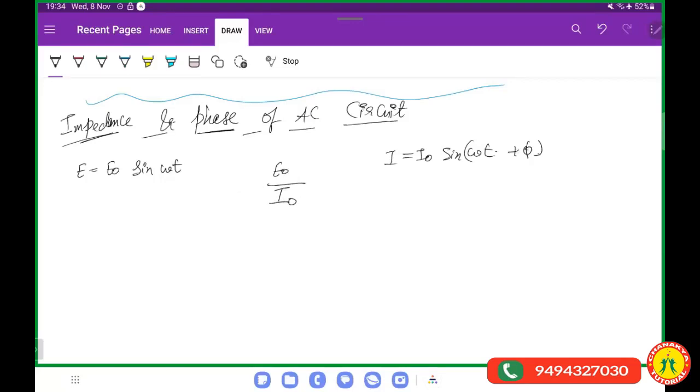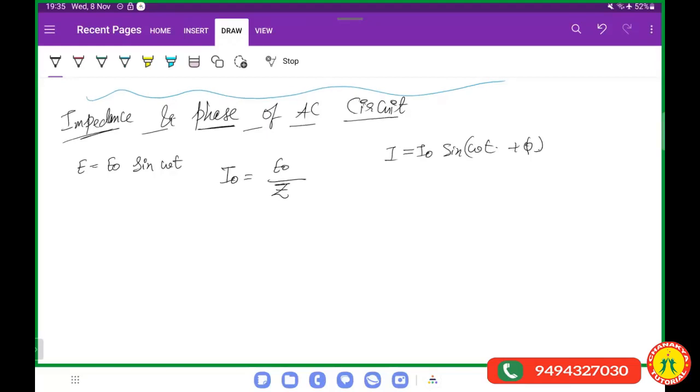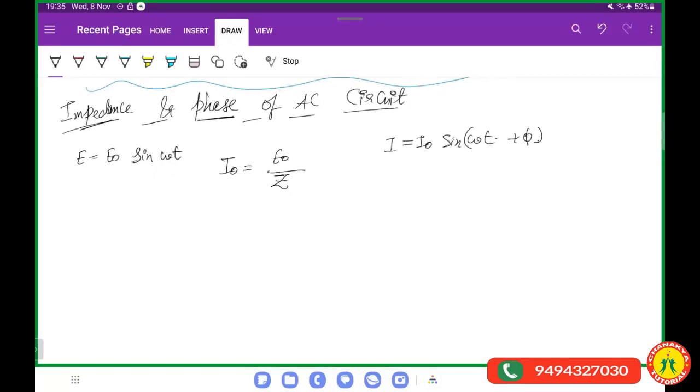That will give you Z. Or I naught equals E naught by Z. Generally this is what will be asked in the exam because Z will be given, or there'll be some way to find it. So I naught and E naught.